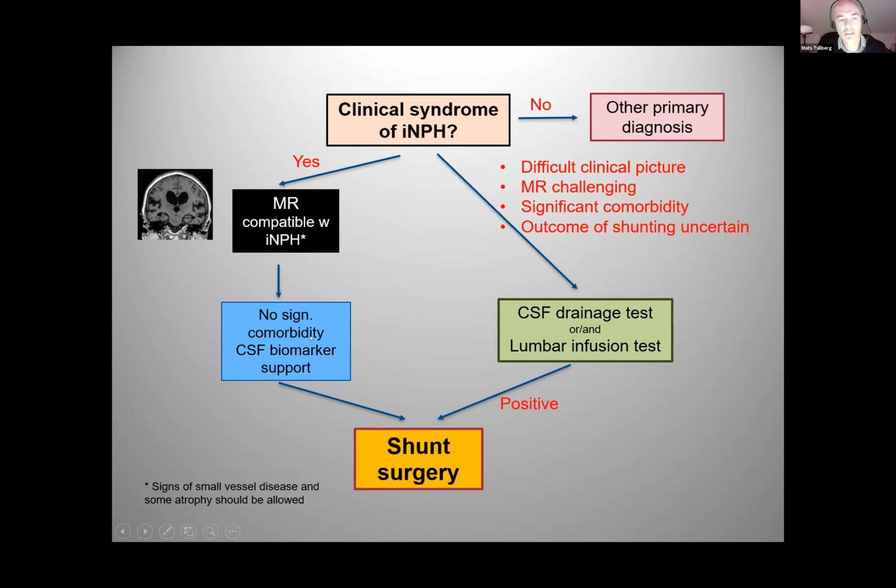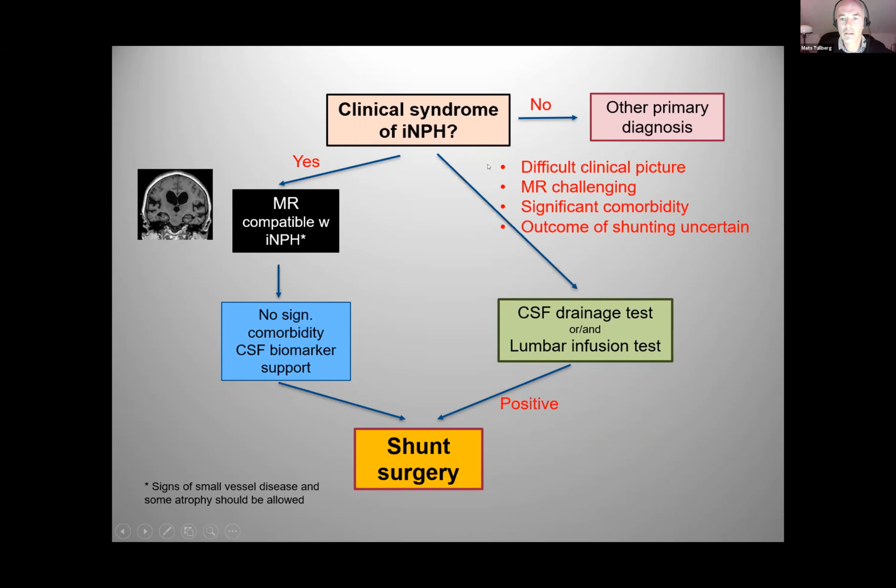If you have no significant signs of comorbidity, and this could be supported by CSF biomarkers, for instance the Alzheimer's disease biomarkers, then I think you should go on and decide for shunt surgery. This is the way it's done in the European INPH study and also in the Symphony studies.